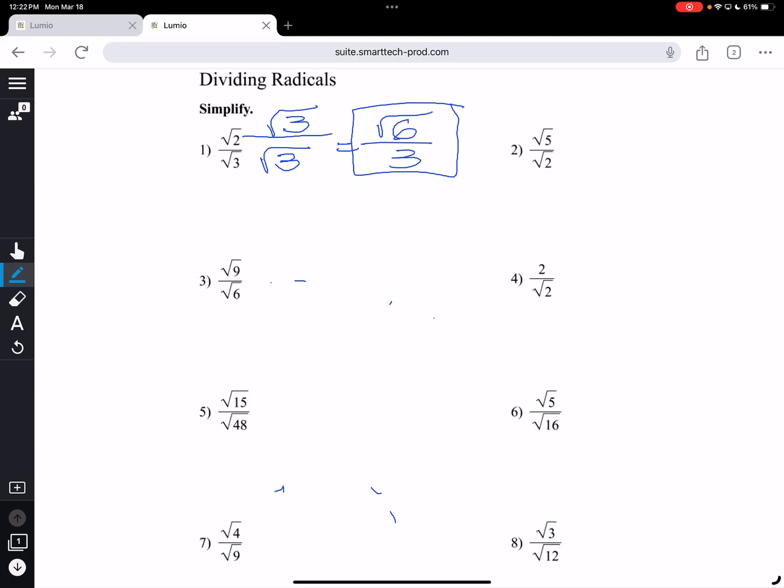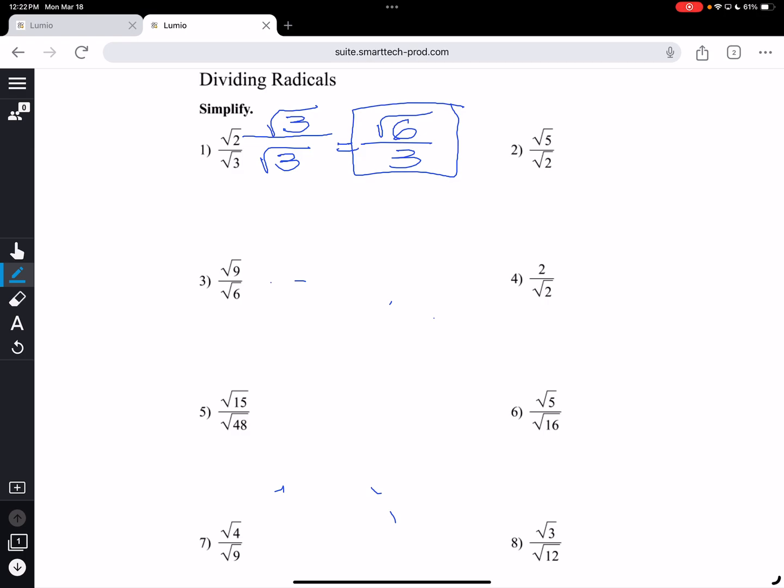And do you multiply the radical 2 times 5? No, you multiply the radical 5 times radical 2. We're talking about number 2. Whatever the denominator is, that's the driving force. That's what you're multiplying by. And you know the rule of fractions: whatever you do to the denominator, you've got to do to the numerator.